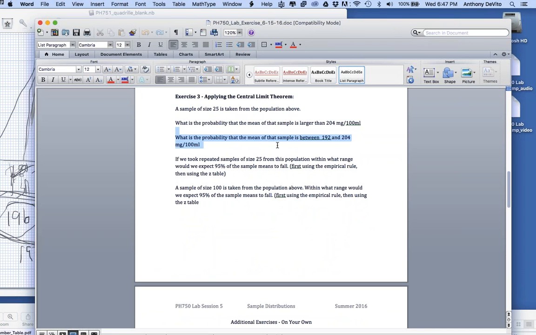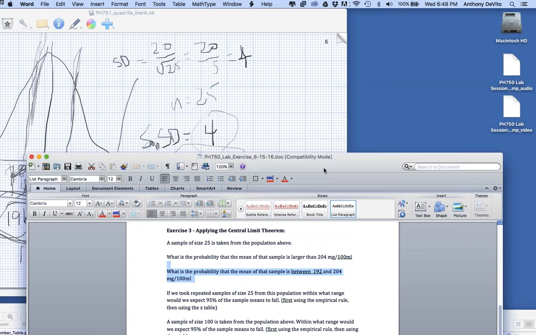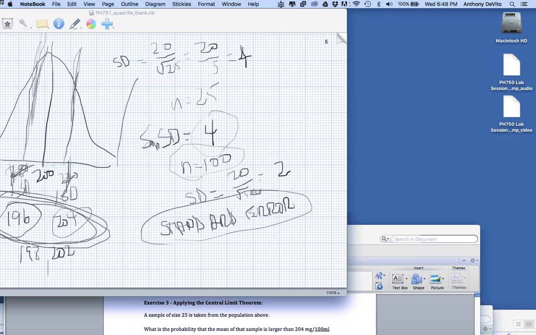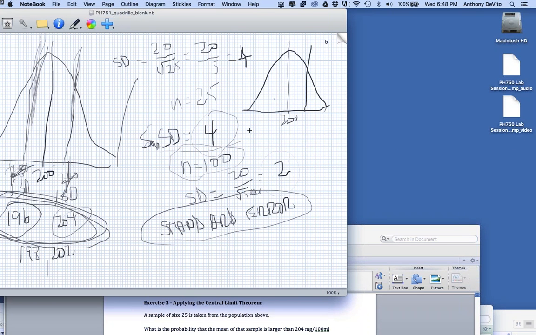Well, 192 is two standard deviations below the mean of these sample means, and 204 is one standard deviation above the mean. So using the empirical formula, this was 200. So 204, remember the standard error, because we're still working with this sample size of 25.